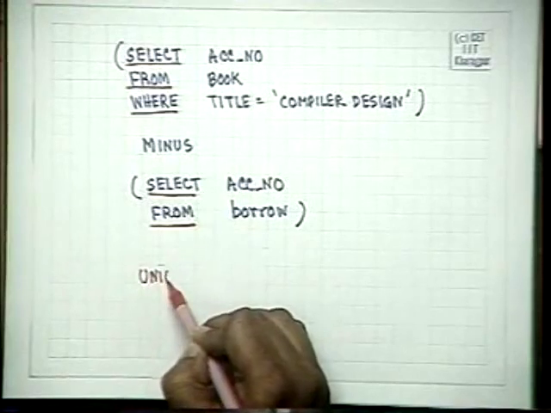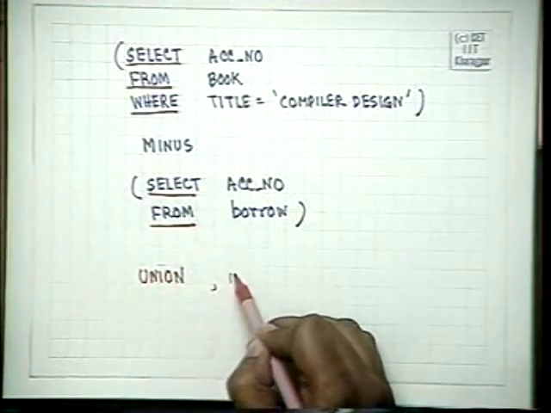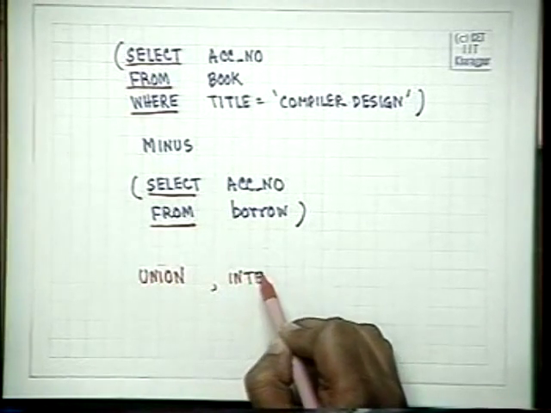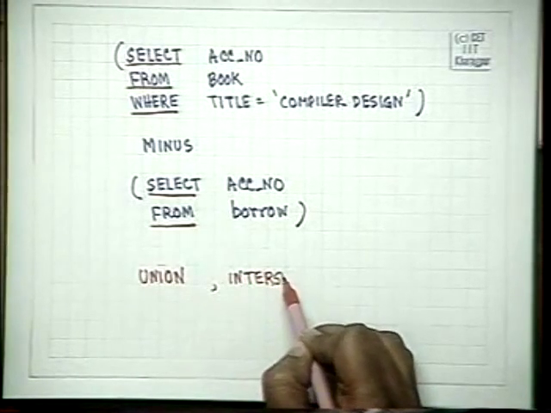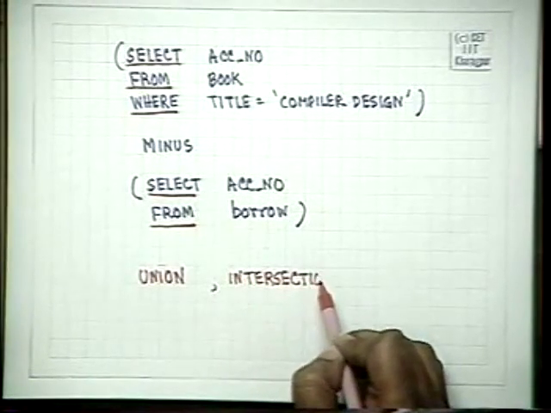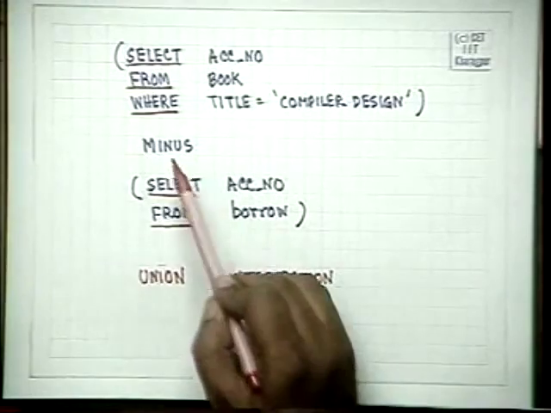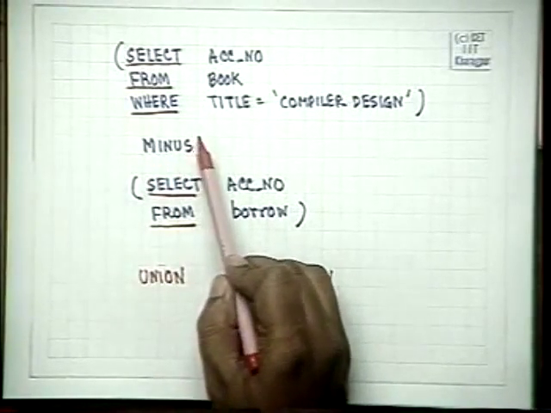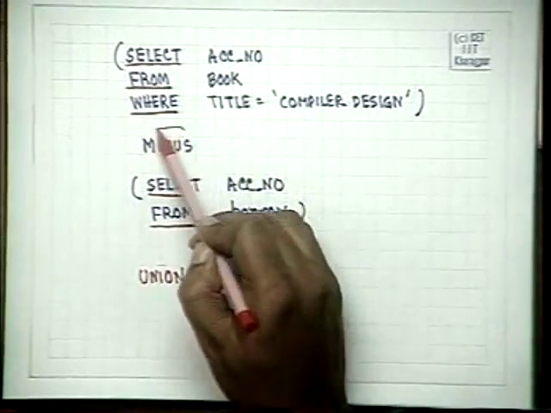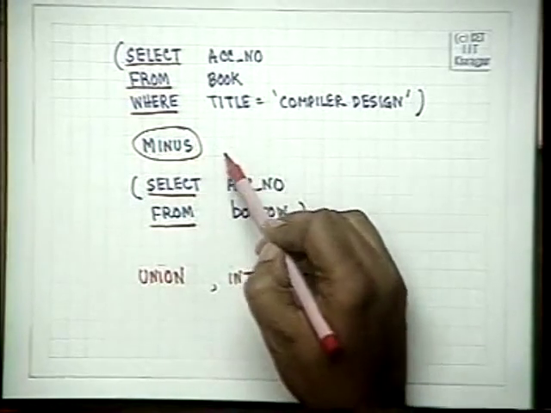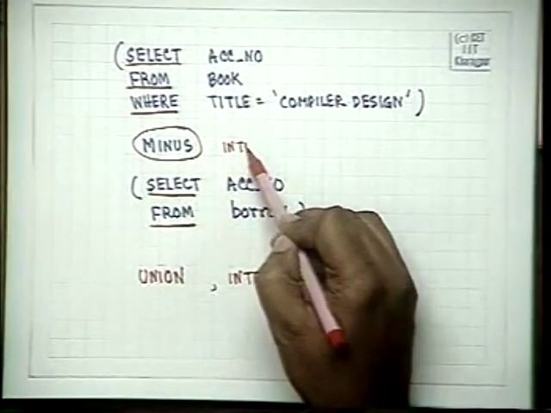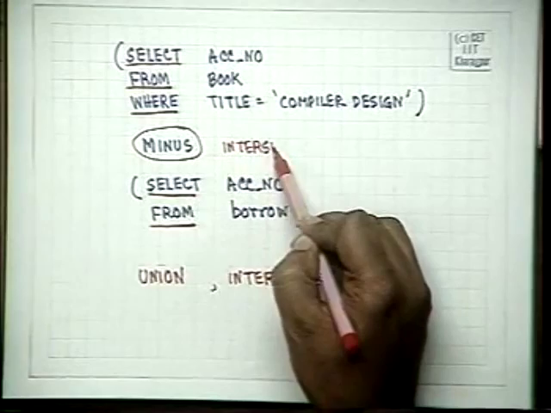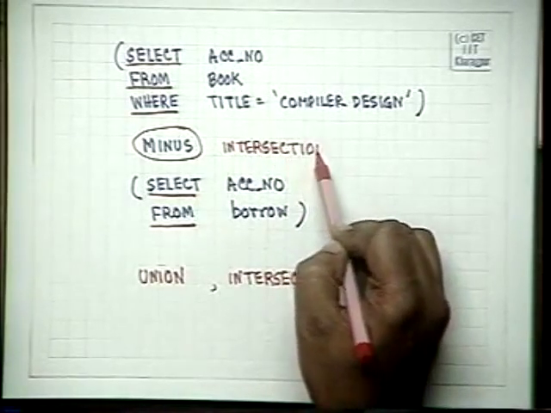Other than this minus, you also have the union operation and the intersection operation available. So if you had removed this and written intersection, this is also a valid query, but it would possibly not mean much here.